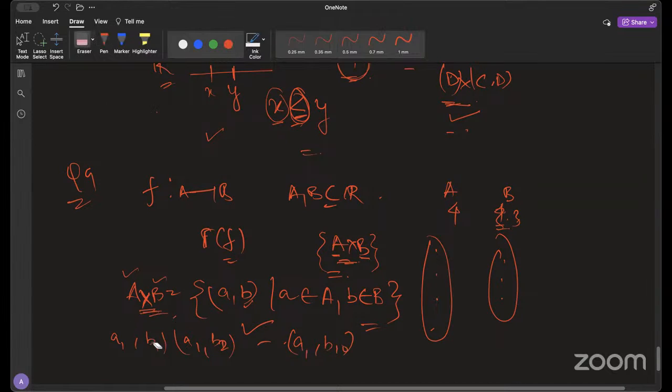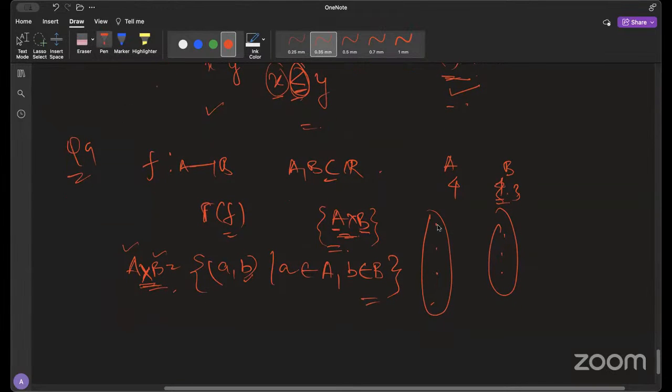But that's not the case when you try to figure out the graph of a function. You don't have to pair every element. Each element needs to be paired with only one. In fact, you can't pair it with any other. If you've paired it with this one, you can't pair it with any other. That's how functions are defined.